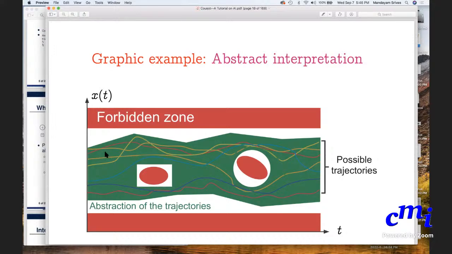You see, these lines are the actual traces, all the possible trajectories that the program can go through. But as you can see, the green area has more of them. It includes all of them, and that's why this is an over approximation. And that's what you do when you compute it using abstract domains such as intervals, a polyhedral domain, and so on.